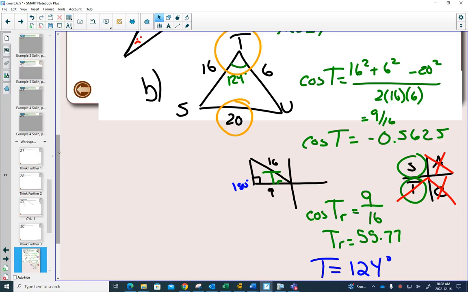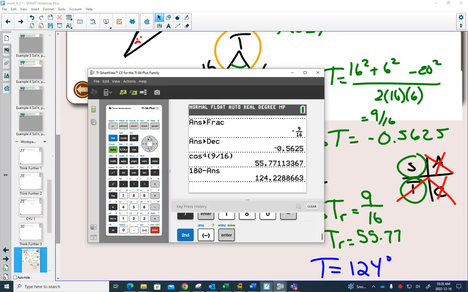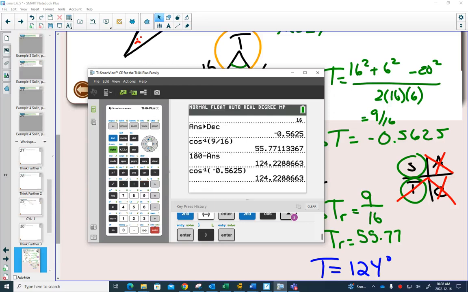Think about what quadrant it's in, find the reference angle, and use the reference angle to find t. But I want to show you, and this only works for cos in quadrant 2, that if you had done cos inverse of the negative value, negative 0.5625, it does give us 124 directly.